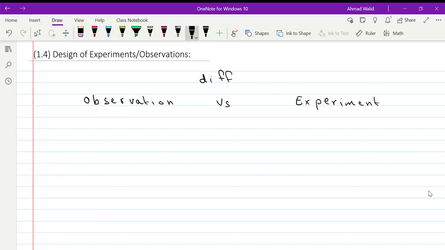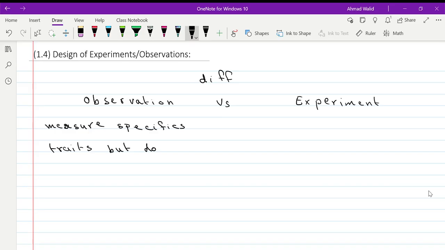Observation, you collect, measure, if I give you a good definition, specific traits, but does not modify the subject.